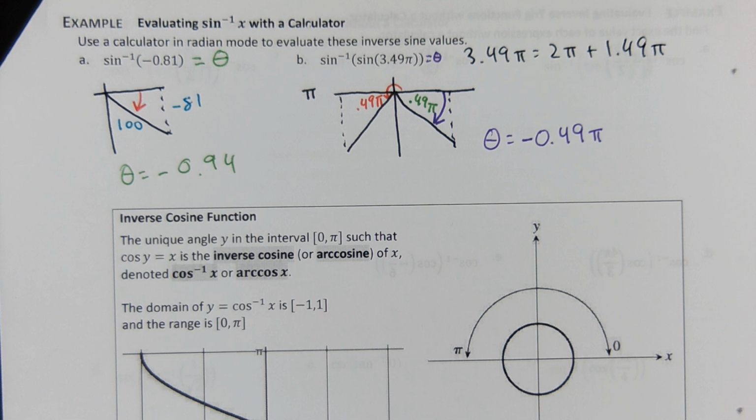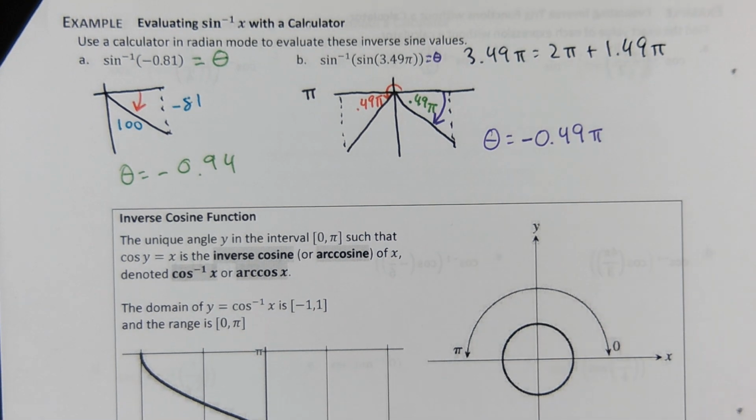Do you think you can pull that off? Even without a calculator? Even if it's not a special angle that you could evaluate trig at? Okay. More than likely, with a lot more practice and doing the other trig ratios, you'll feel more comfortable.